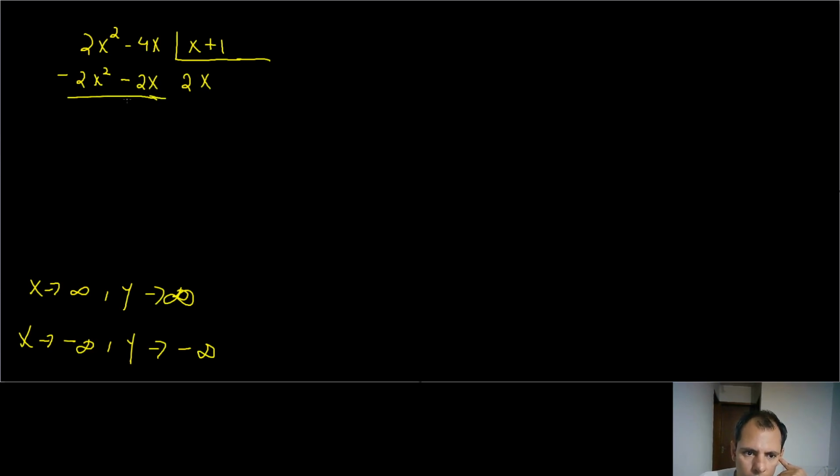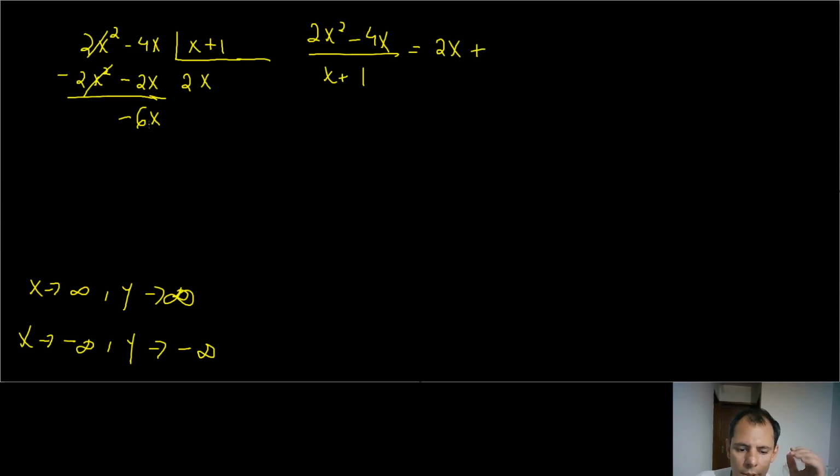When you add these two, they cancel out, and you got a minus 6x. That's the remainder.